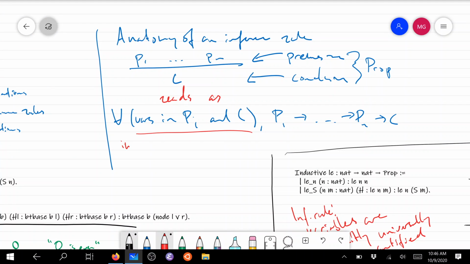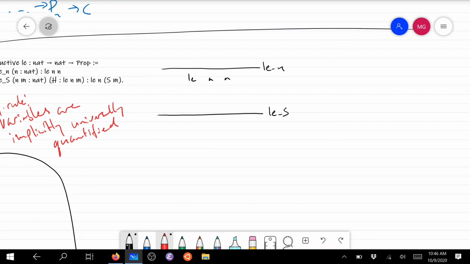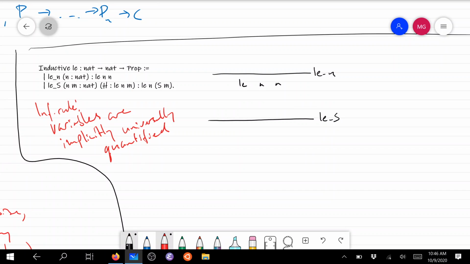So this is implicit universal quantification. Okay, so this is the whole of LEN. It is a, say it with me, axiom. And that's it. We're saying, hey, LE represents less than or equal to, for any number n, n is less than or equal to n.